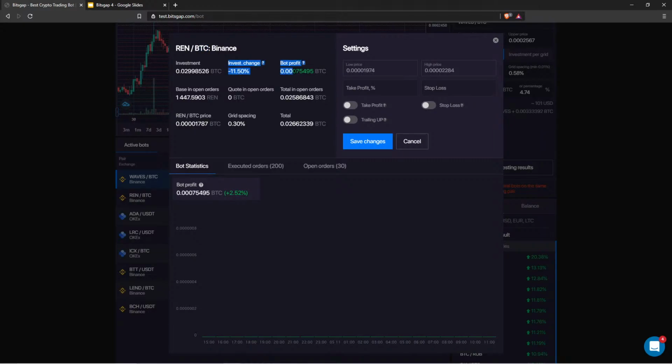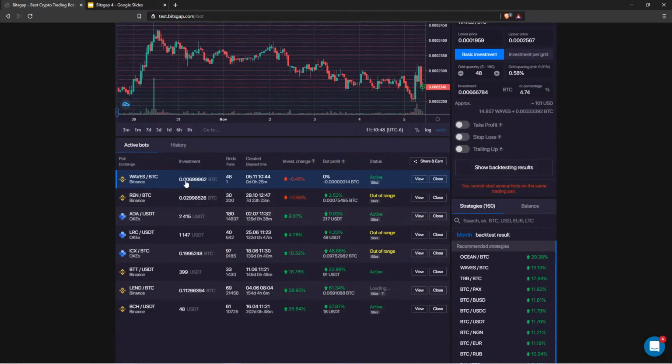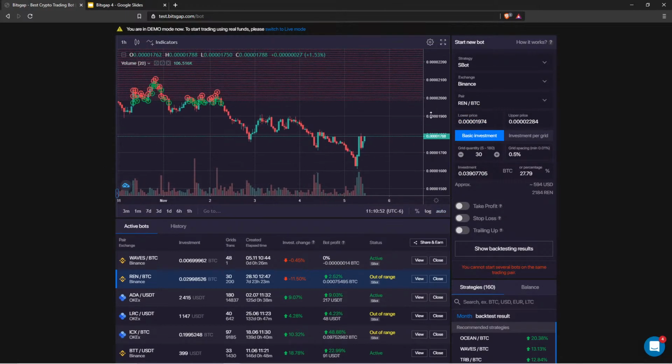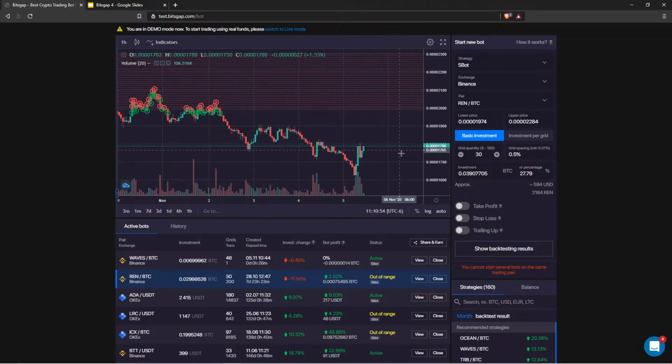And you can see the exact value of the bot profit and how much of the base currency and quote currency is currently in open orders. So it looks like all of my base currency got stuck on the market. And if you click on the chart, you will see the trading range is here, whereas the price is now here.